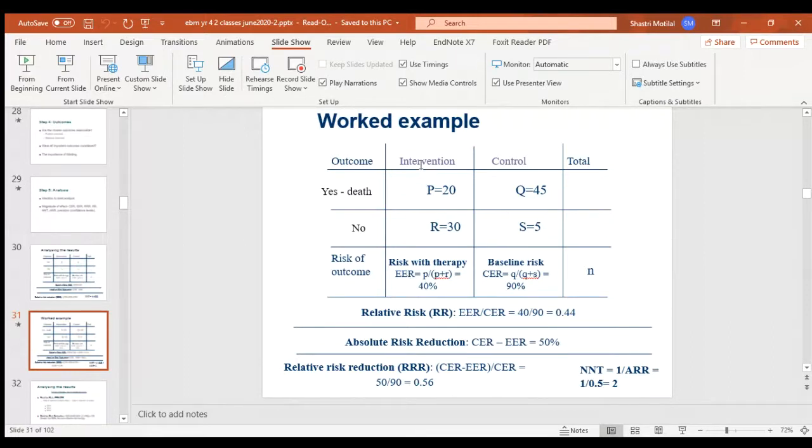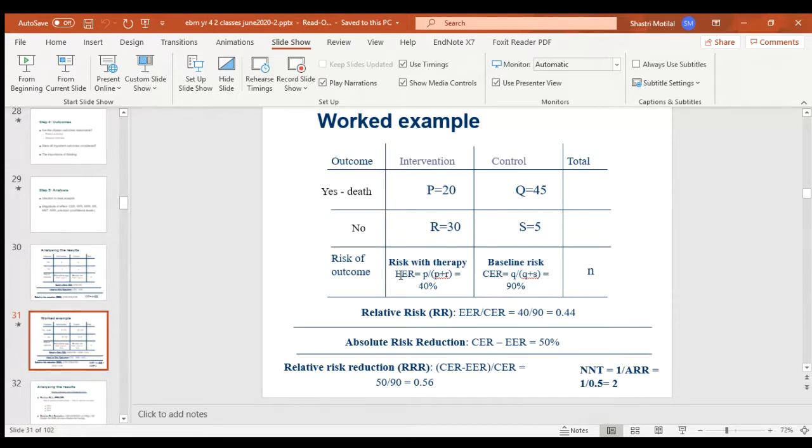Keep in mind that a relative risk of 1 means no differences between the groups. Once you understand that basic concept, because we arrived at the relative risk by dividing one event rate by the other, if something divided by something is 1, then both numbers were the same. And if both numbers were the same, both groups were the same, and the outcome was the same in both groups.